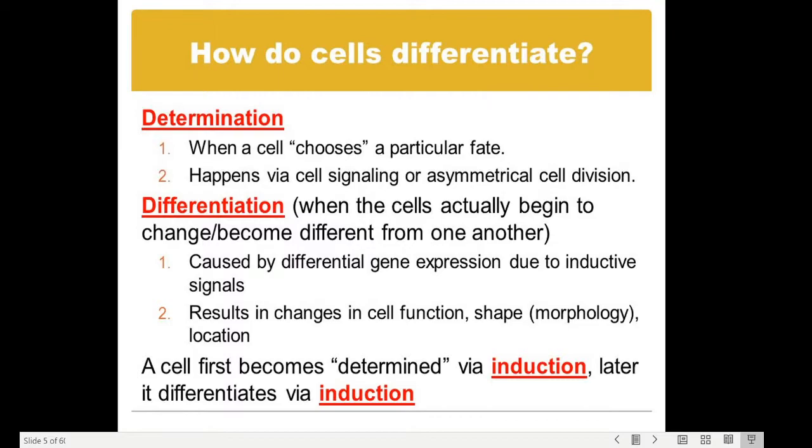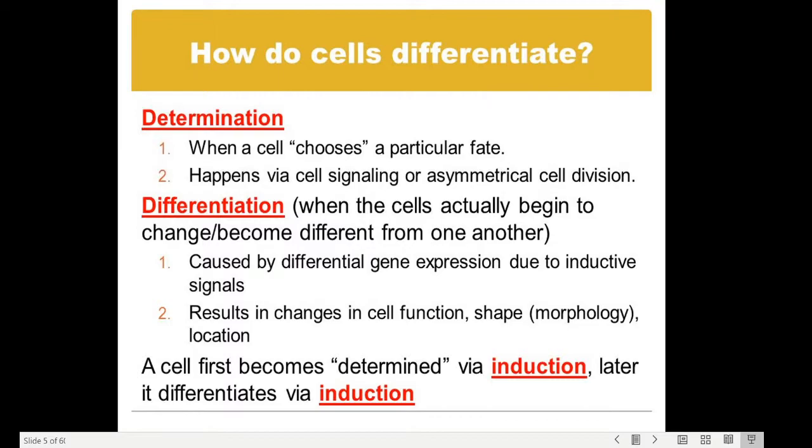Okay, after determination, the cell can differentiate via cell signaling. In this step, the cell can differentiate its gene expression.